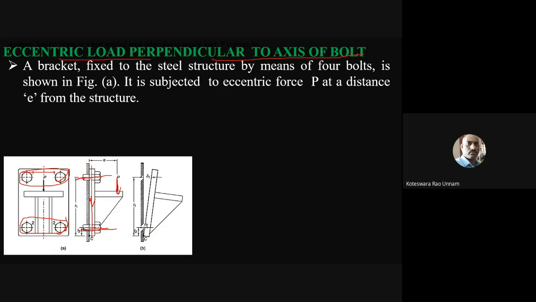See here, this is the bolt axis. If I take this as the x axis and this as the y axis, the load acts along the y axis, and the offset distance E is along the x axis, so the moment is about the z axis. This P into E will create a moment about the z axis.